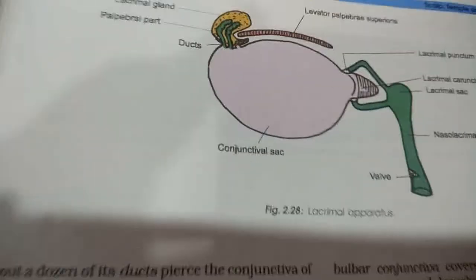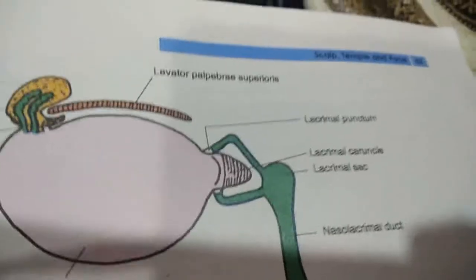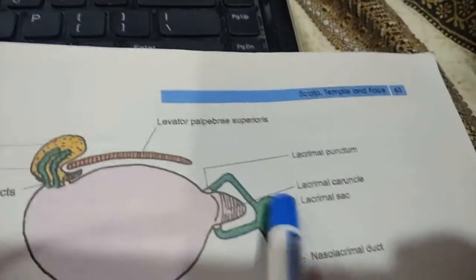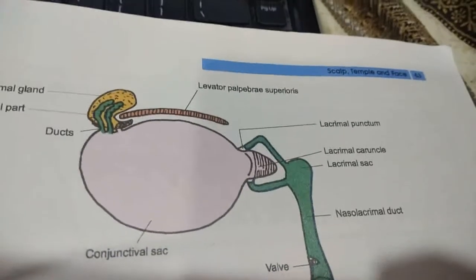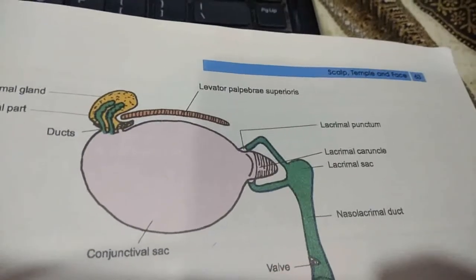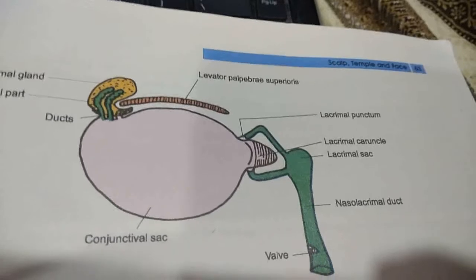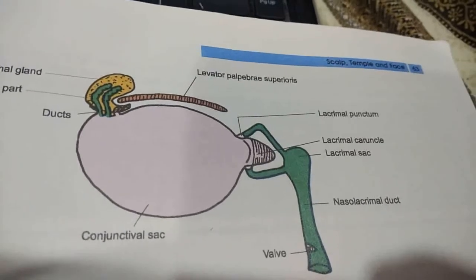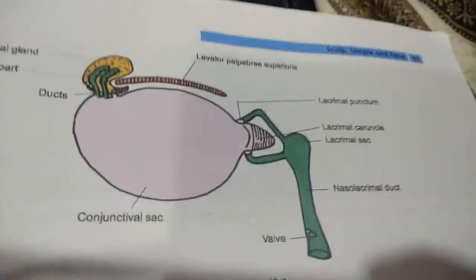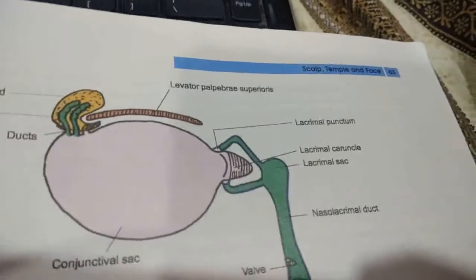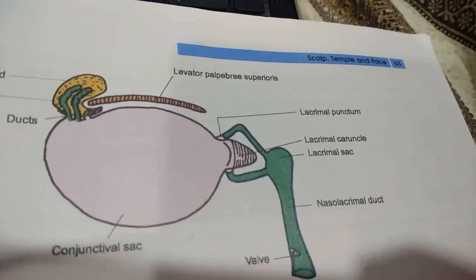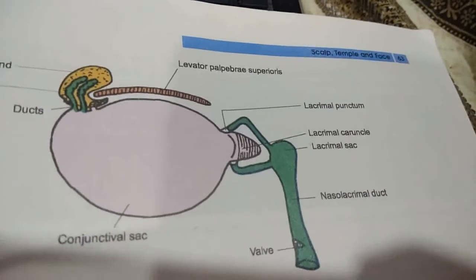Now the features of the lacrimal sac. It is the upper part of the nasolacrimal duct, a sac-like structure. It is a membranous sac 12 millimeter long and 5 millimeter wide, situated in the lacrimal groove behind the medial palpebral ligament.